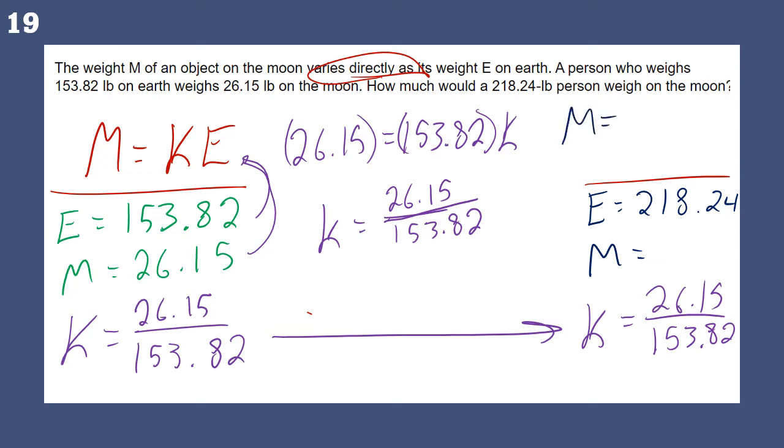M equals 26.15 over 153.82. And then we also have our E that we're going to plug in.